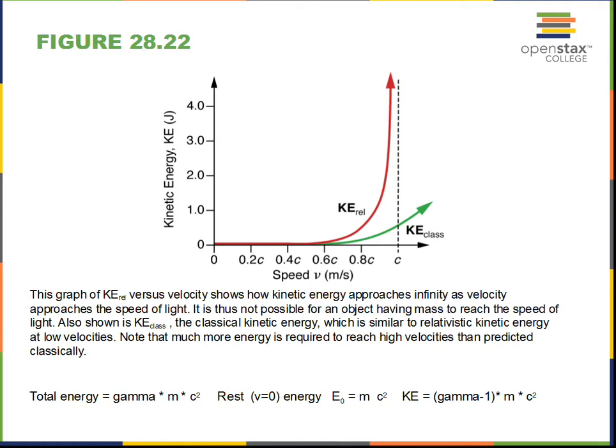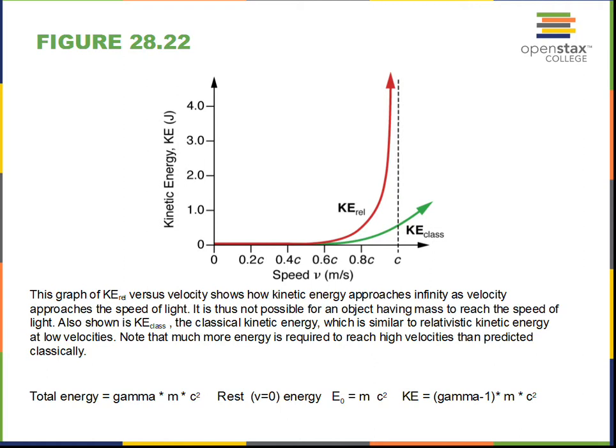There's a correction factor that keeps us from having objects that travel faster than the speed of light. The momentum increases. There's a factor of gamma in calculating momentum. It's not just mv, but it involves a factor of gamma. And we have this relativistic energy, and especially looking at the kinetic energy, it would take an infinite amount of work in order to get an object up to the speed of light.